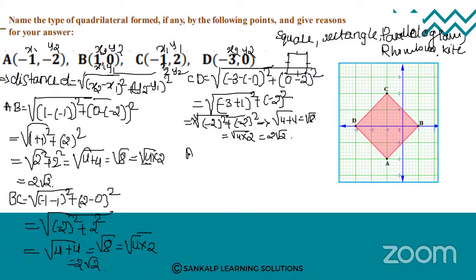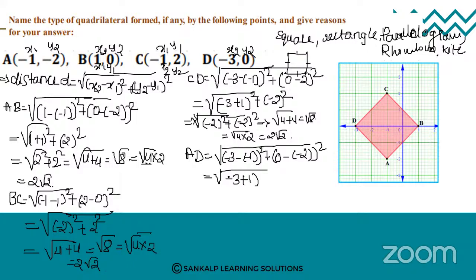Next, the distance of CD is over. Next, AD. To find AD, this is x2, y2, this is x1, y1. So the x2 value is minus 3, the x1 value is minus of minus 1 whole square, plus the y2 value is 0 minus of minus 2 whole square, right? The y1 value is minus 2. Minus 3, minus into minus plus 1 whole square plus minus into minus plus 2 whole square.